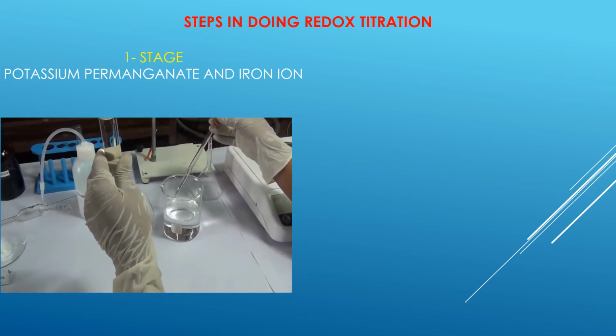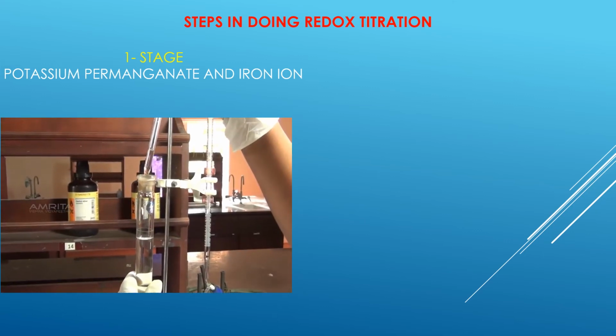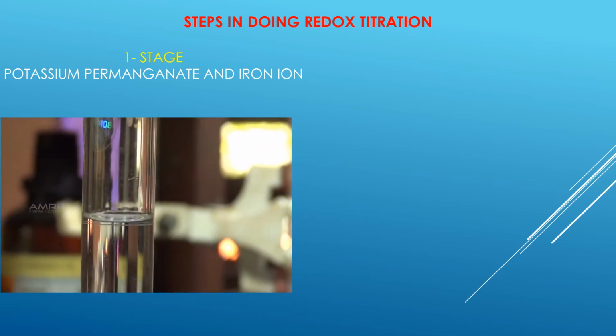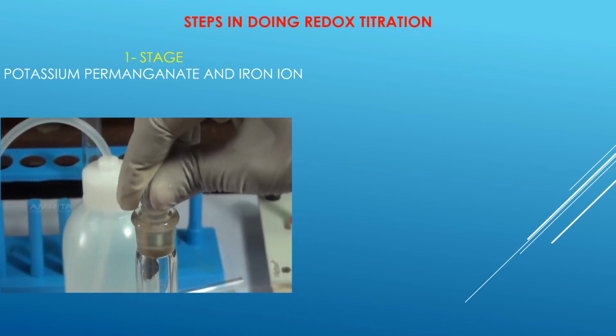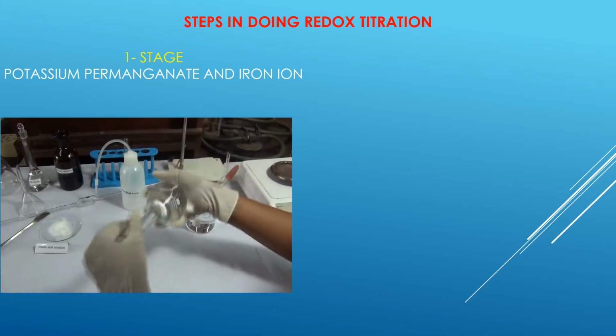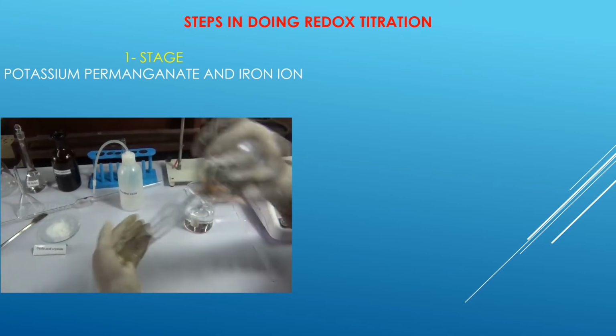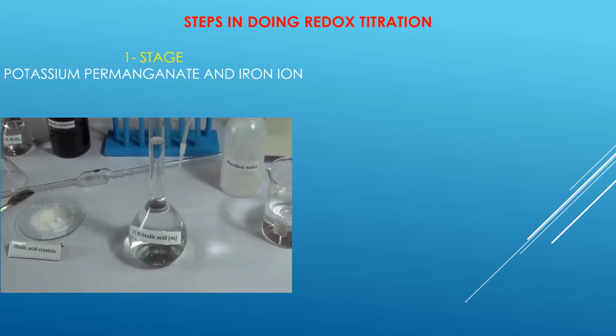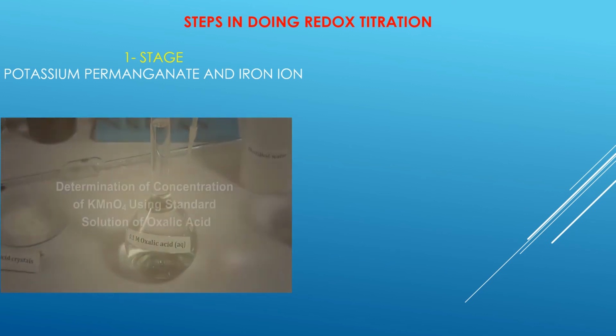Add the last few drops of distilled water with the dropper until the lower level of the meniscus just touches the mark on the standard flask. Stopper the standard flask and shake gently to make the solution uniform throughout. The molarity of prepared solution of oxalic acid is 0.1 molar.